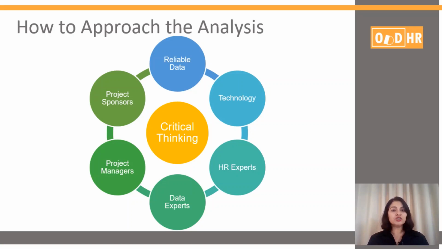So you need to make sure that you set up the right systems and the right pipelines in order to start collating reliable data so that you can read it in a structured and more organized way, which brings us to the second point, which is technology.